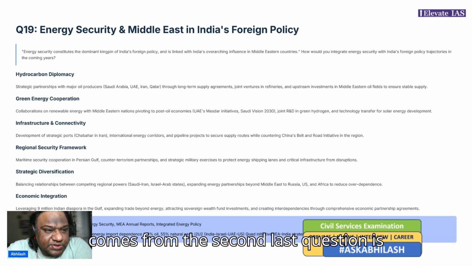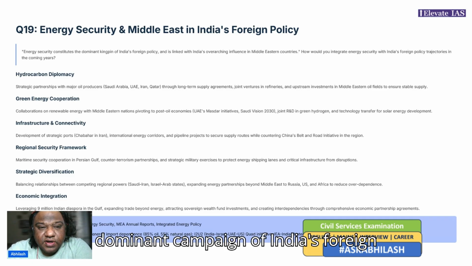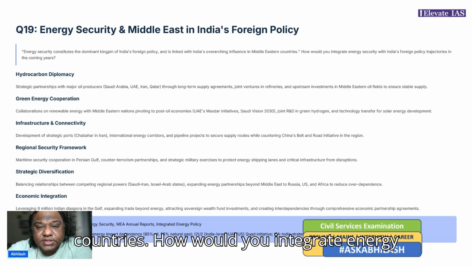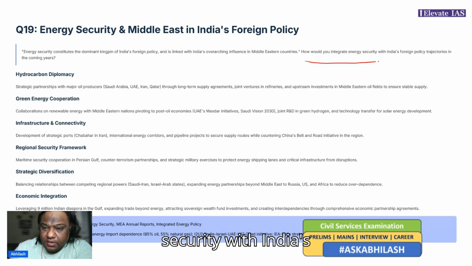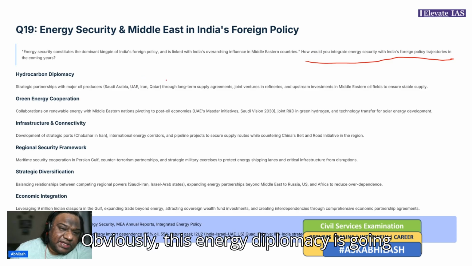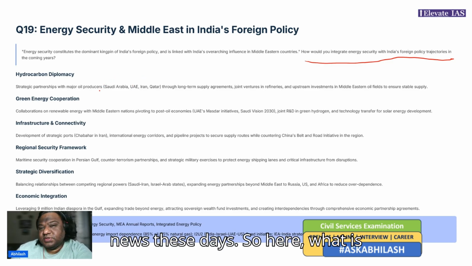Next comes the second-last question, about energy security: it constitutes the dominating kingpin of India's foreign policy and is linked with India's overarching influence in Middle Eastern countries. How would you integrate energy security with India's foreign policy trajectories? Obviously, this energy diplomacy is going on, and we have been seeing a lot of news about it these days.